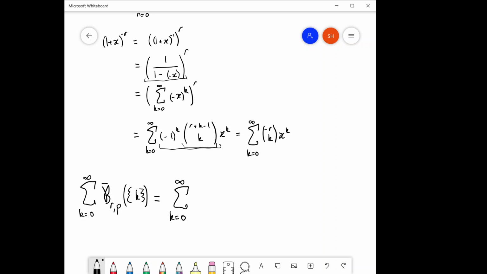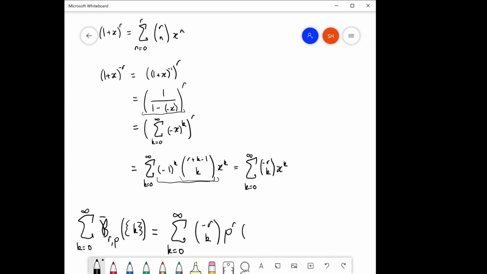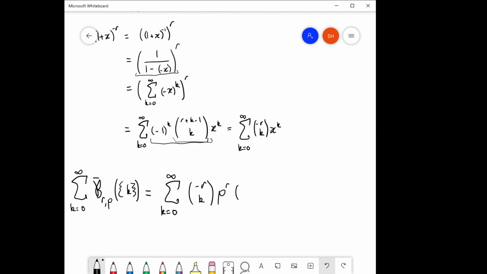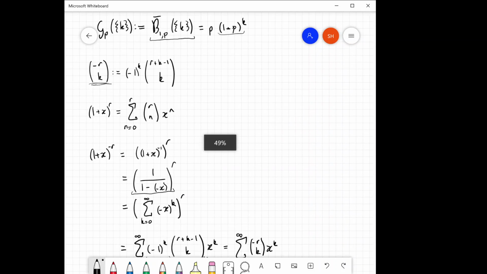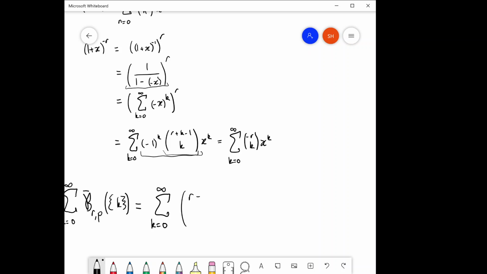The sum k equals 0 to infinity of minus r, k, p to the r, where is it? r plus k minus 1, choose k, p to the r, 1 minus p to the k.